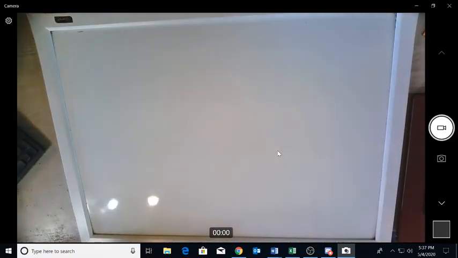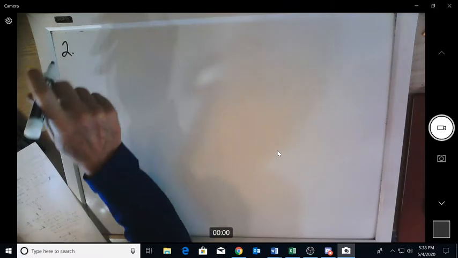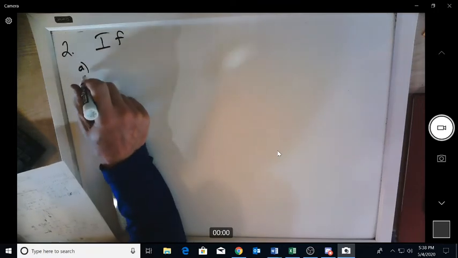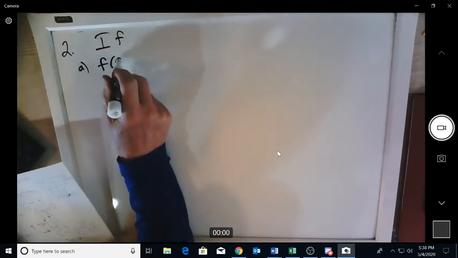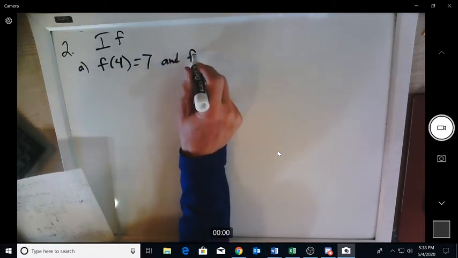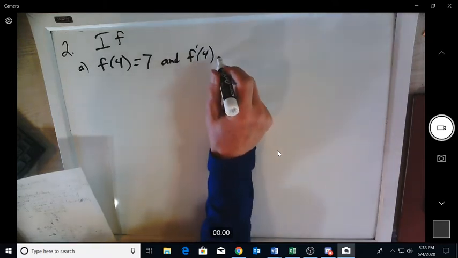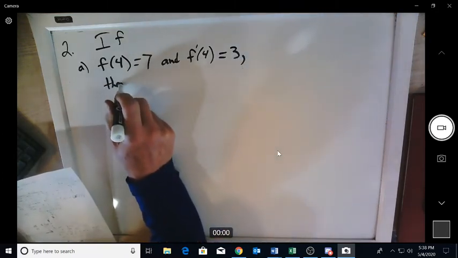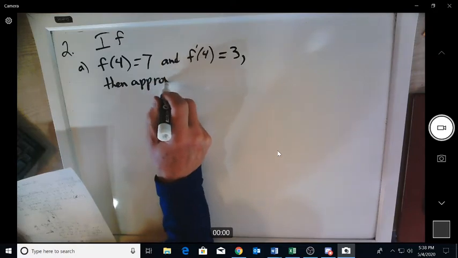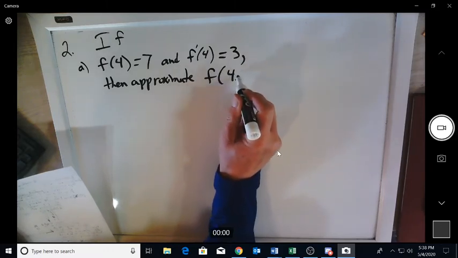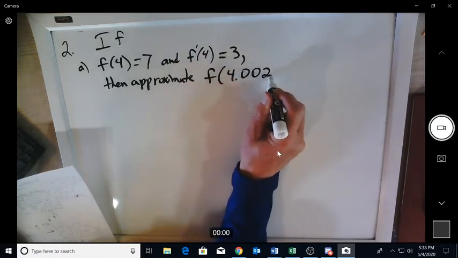Number 2, part A. If f of 4 is equal to 7, and f prime of 4 is equal to 3, then approximate f of 4.002.